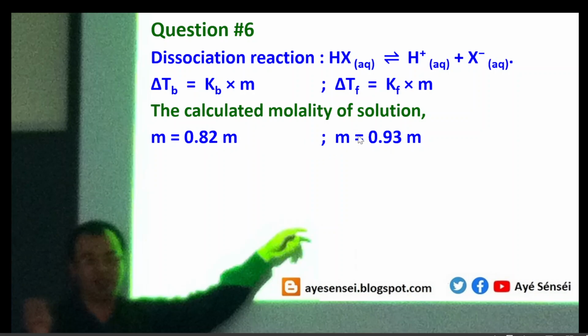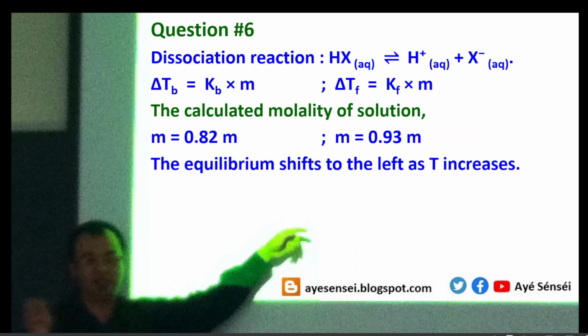But anyhow, if you look at the reaction, this reaction happens both ways. I mean that this is an equilibrium reaction. In an equilibrium reaction the composition can change. In this case, the composition changes because of the temperature.